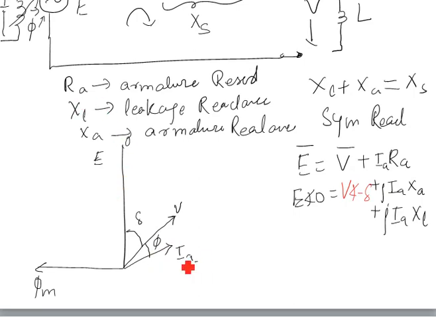So IA is in this axis. I hope you have drawn the phasor diagram in transformers; I am not going to discuss how it is drawn. The drop IA RA will be in phase, or parallel, with IA. So this is your IA RA. And IA XA will be perpendicular to this.